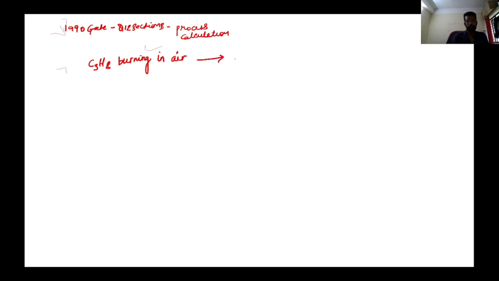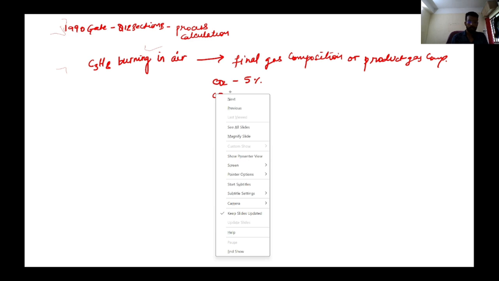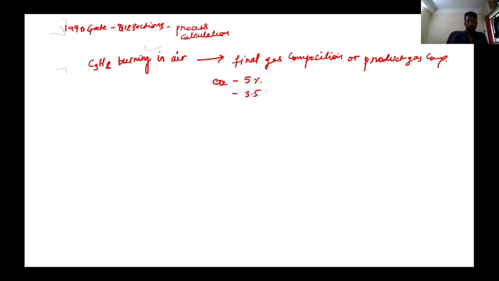And the final gas composition, or product gas composition, we have CO2 5%, CO 3.5%, H2O 11.4%, O2 7%, and N2 73.1%.